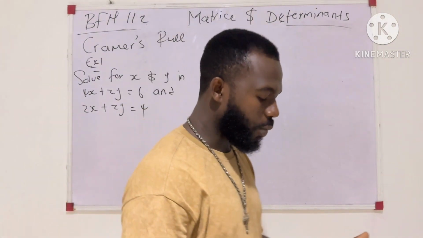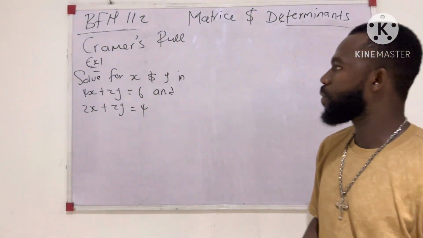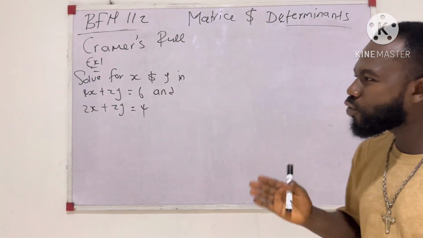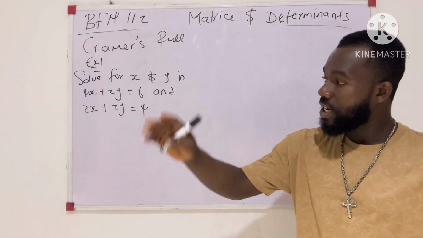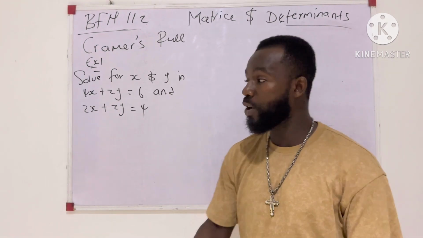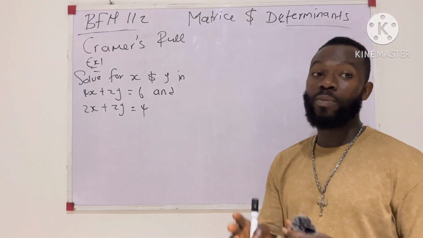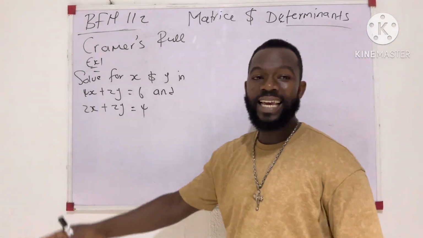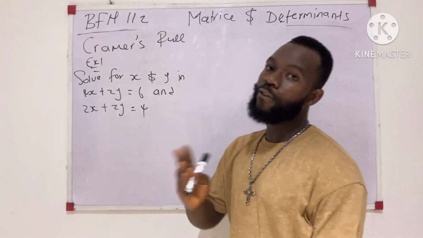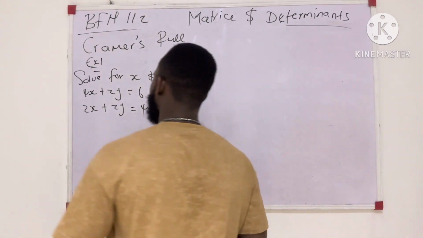This is what we are solving. Normally, this is a simultaneous equation because it involves two variables, x and y, whose answers we are going to get simultaneously. It means either we get x first before we get y, or we get y first before we get x. Alright, let's begin.